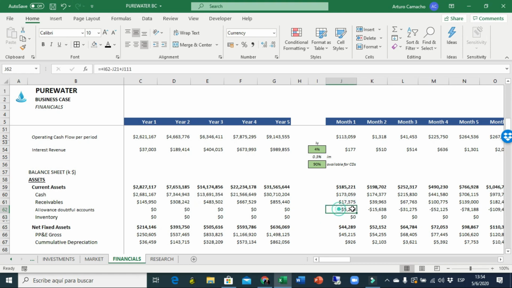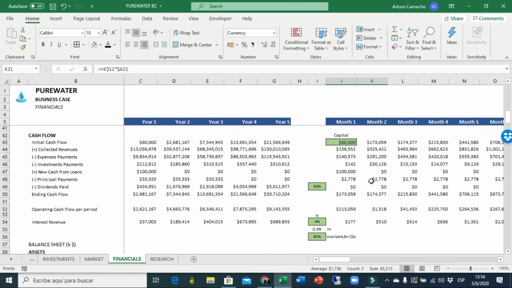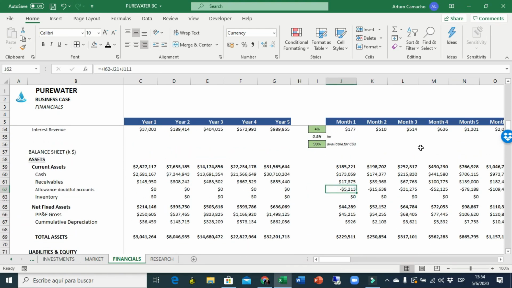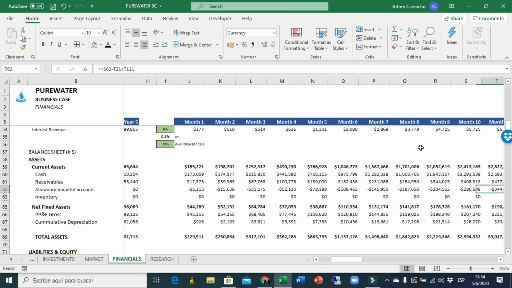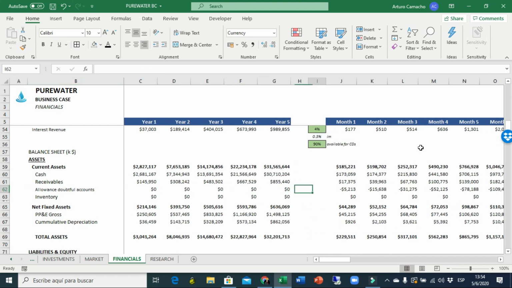Of course, this one is zero, but in the future months, it will be the previous month plus my new bad debt. So this thing is being accumulated, and by the end of the year is when I do the write-off. So you see that it's up to the 12th month, and then boom, it returns to zero because of the write-off, which is down. I will show it in a minute.